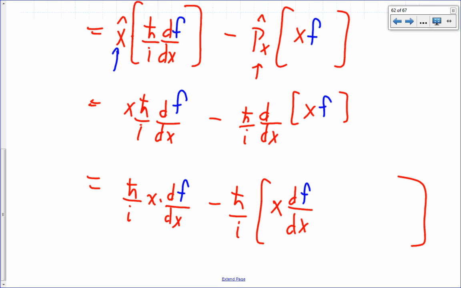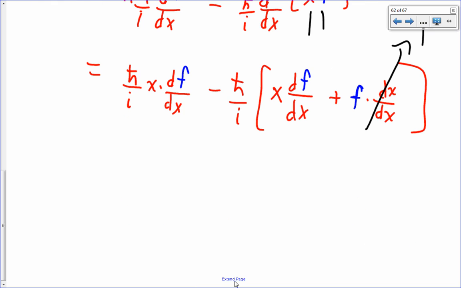So that's first times the derivative of the second plus the second, which is f, times the derivative of the first, which is dx dx. Okay, and so let's do some simplification. That's 1.